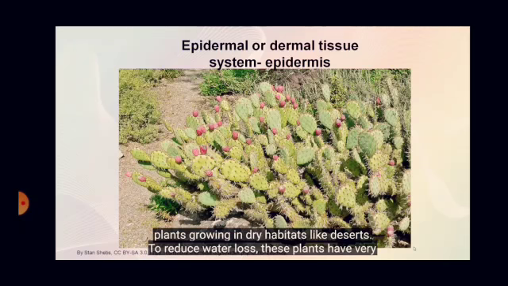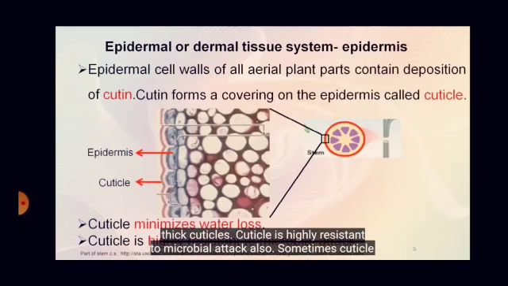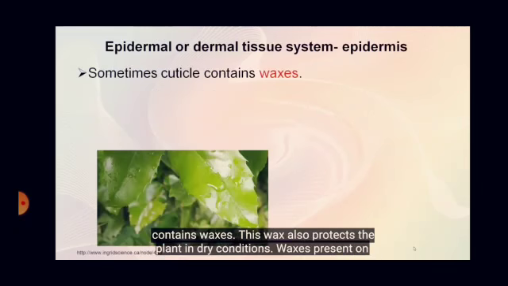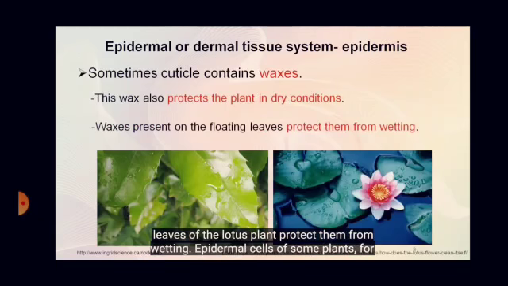To reduce water loss, these plants have a very thick cuticle, and the cuticle is highly resistant to microbial attack also. Sometimes the cuticle contains waxes. This wax also protects the plant in dry conditions, and wax is present on the upper surface of floating leaves. For example, the wax present on the floating leaves of the lotus plant protects them from wetting.